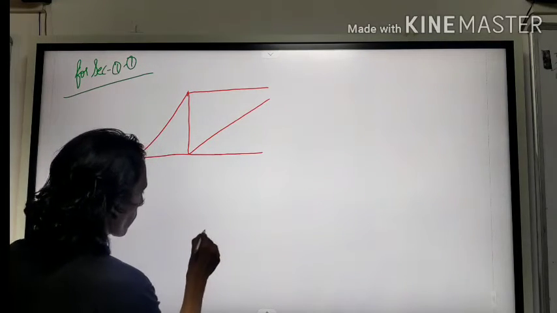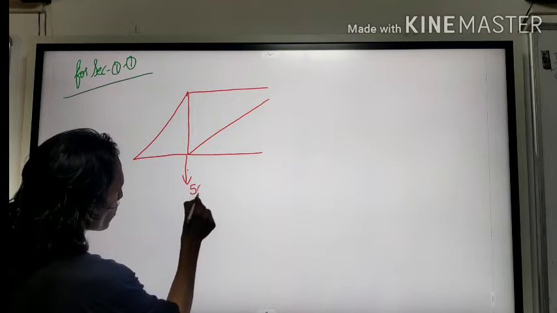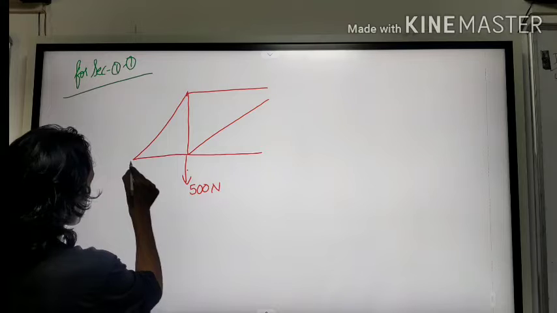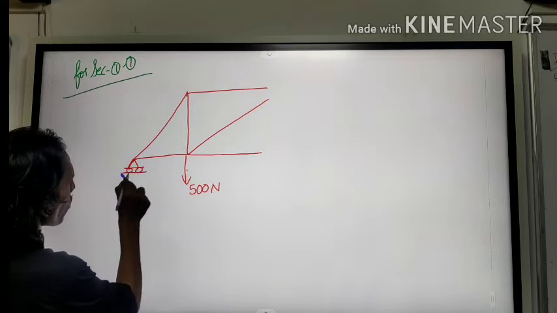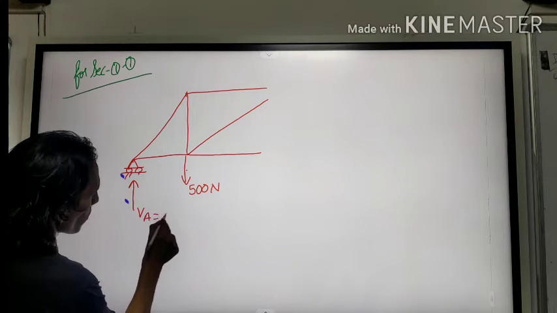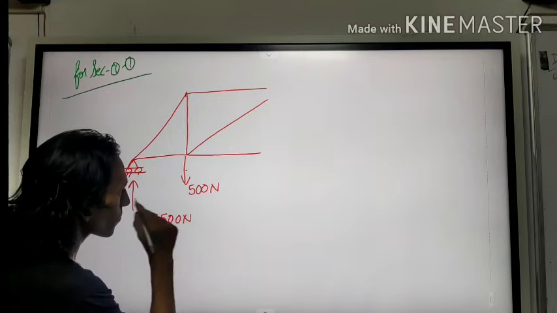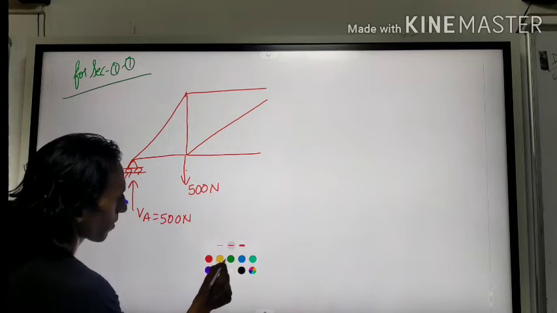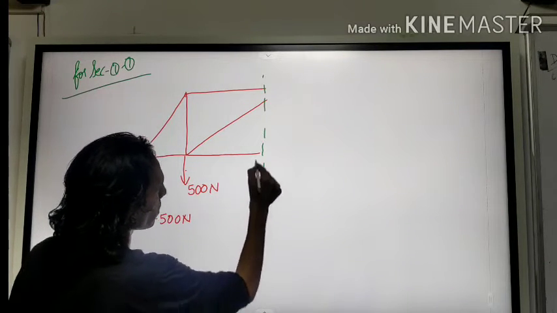Here it was 500 Newton, here it was the roller support over which the reaction was 500 Newton, and the section I cut is like this.